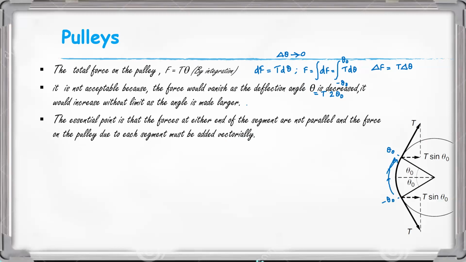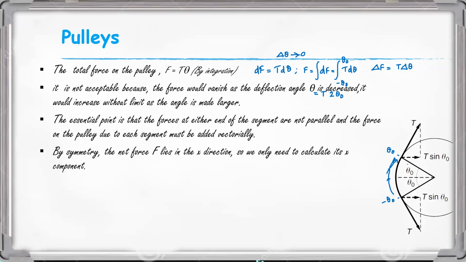We have to add up the force on each segment vectorially. By symmetry of the segment, the net force F lies in the x direction, so we only need to calculate its x component.